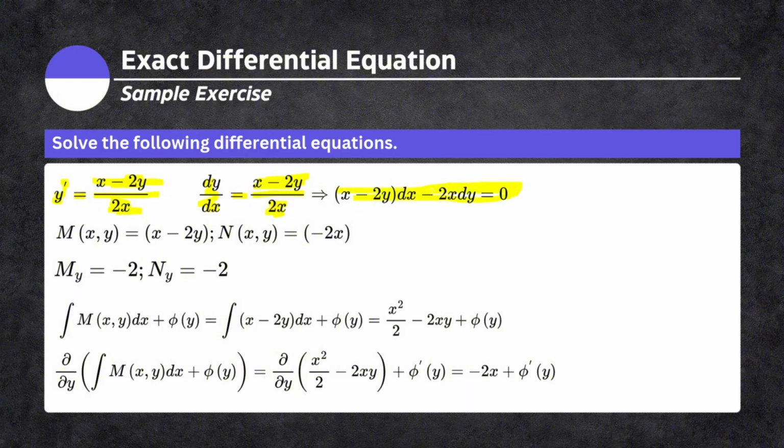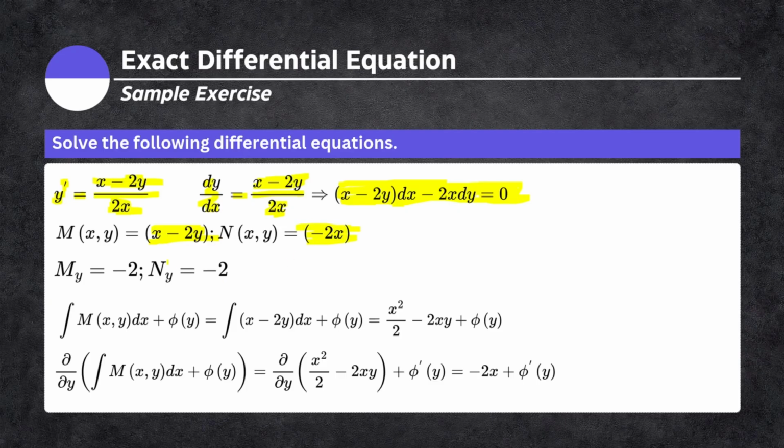Further rewriting, we have x minus 2y quantity dx minus 2x dy equals 0. So this is the form that we want. And from this form we can now identify the m function and n function. For the m function we have x minus 2y, and for the n function we have negative 2x.